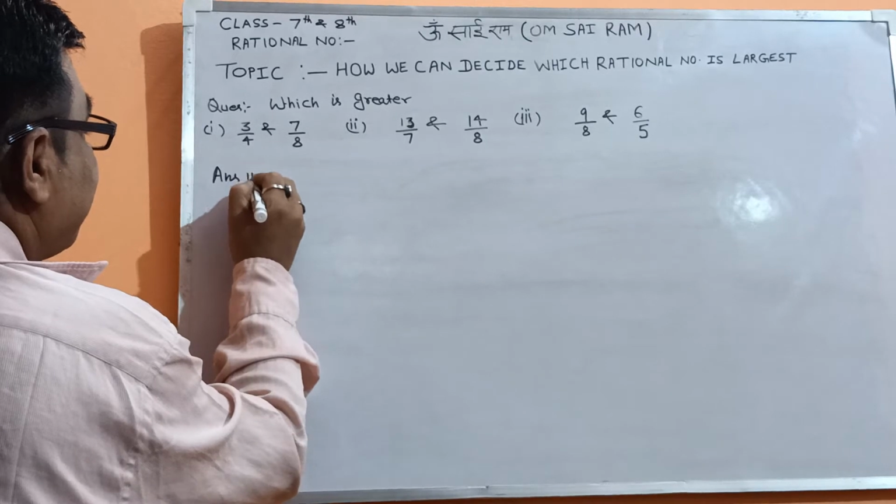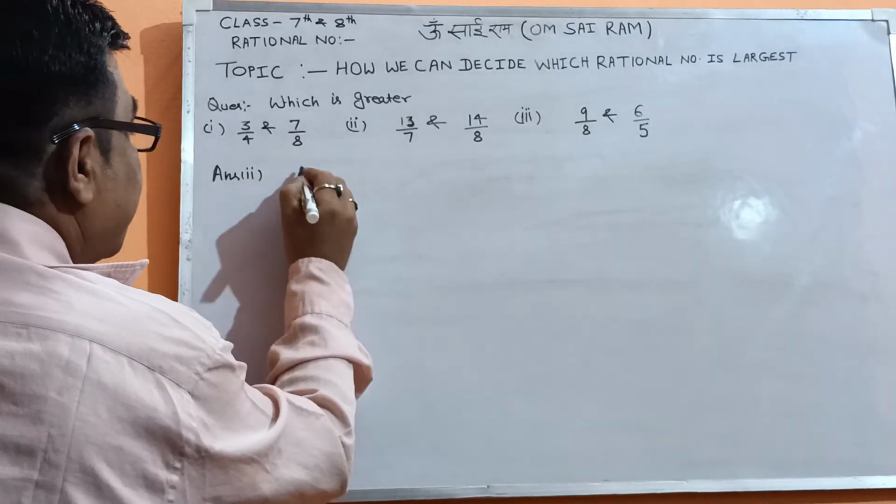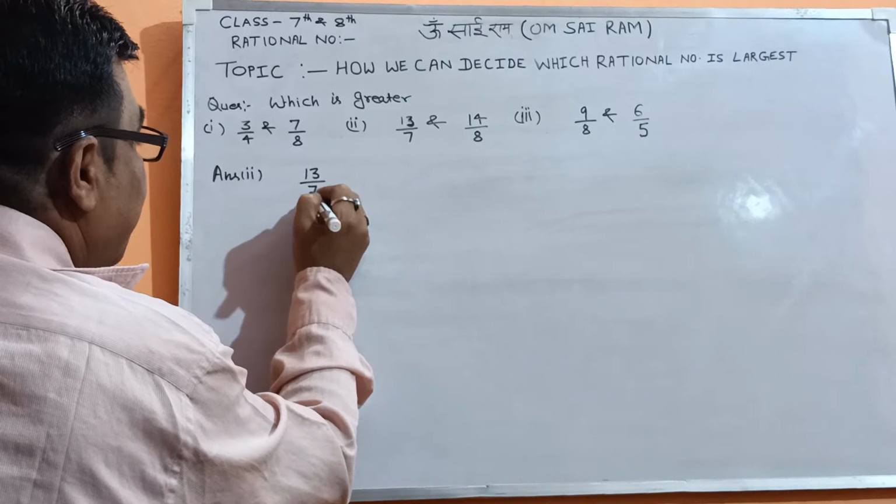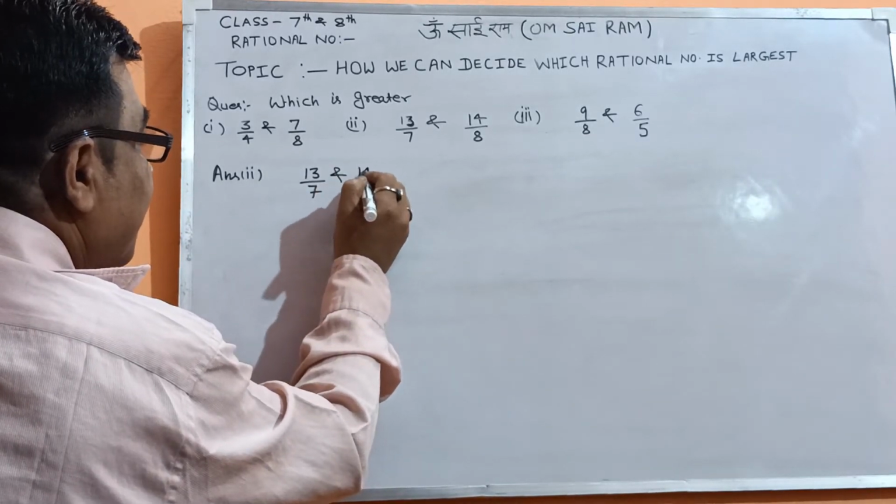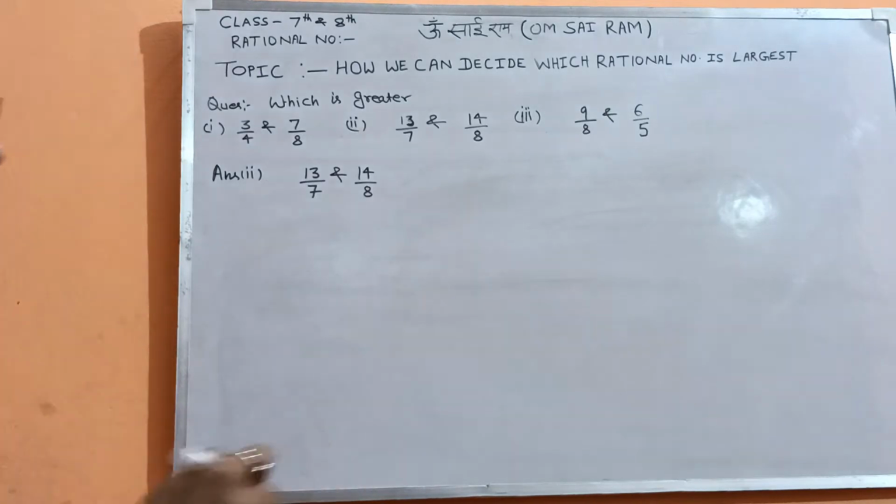Answer second: 13/7 and 14/8. In these two rational numbers, you have to first change them into new equivalent rational numbers. Means 13/7 will change into another rational number and 14/8 will also change into another rational number. But the new two rational numbers must have the same denominator.